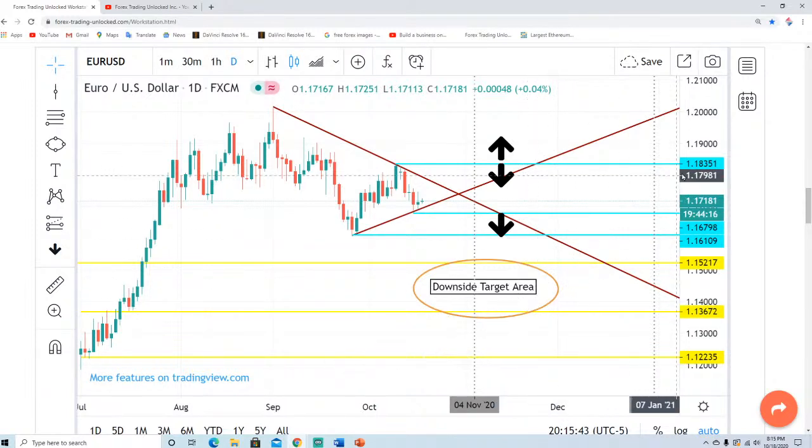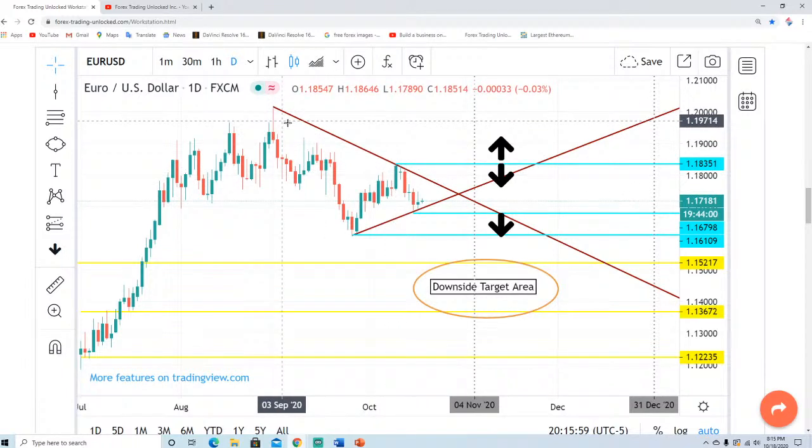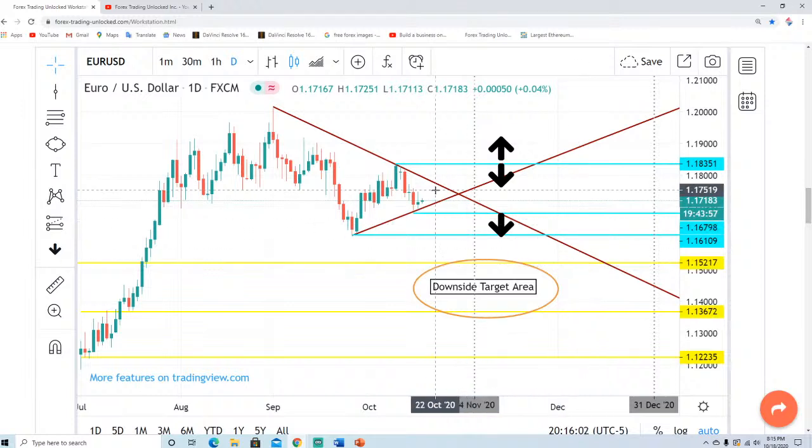Now, if we do get above this last swing high here, 1.1835, so for you aggressive bulls or your weak shorts, or actually any type of bearish sentiment, if you're looking to sell right now into this area, just by attrition, we could take out this downward sloping resistance line. But I think the key level is this $1.1835.